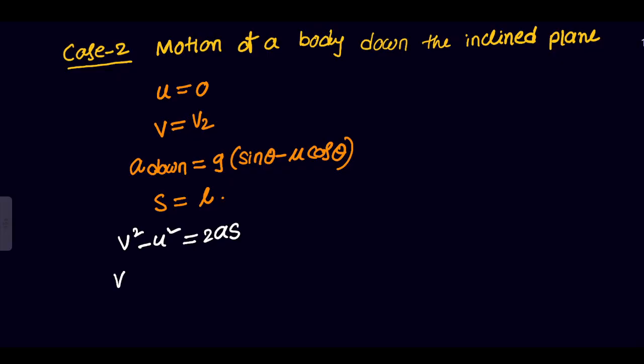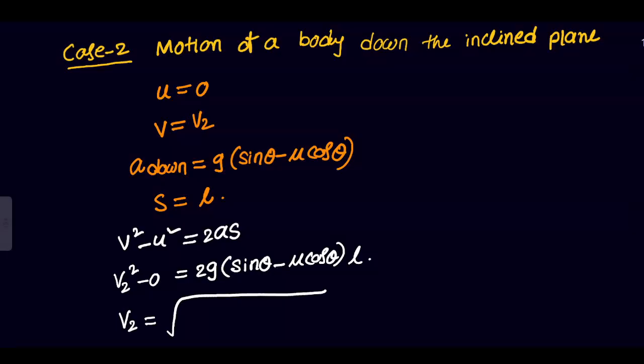Final velocity is v2 square, initial velocity 0, so v2 square equals 2g into (sin theta minus mu cos theta) into L. So we got the final velocity v2: square root of 2gL into (sin theta minus mu cos theta).